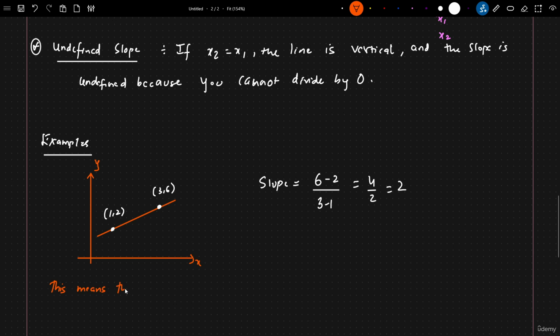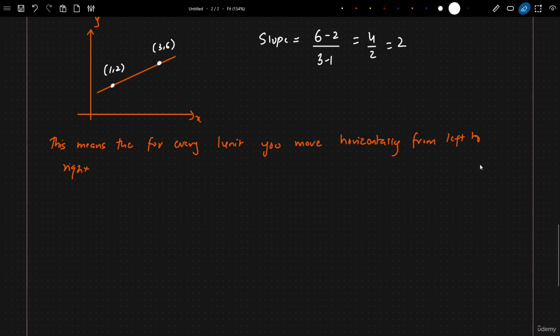This means that for every 1 unit you move horizontally from left to right, the line moves 2 units vertically up, right? This is the information that I'm able to get out.